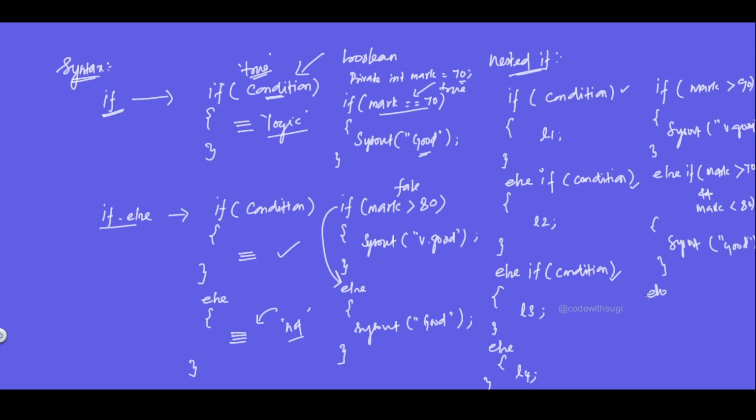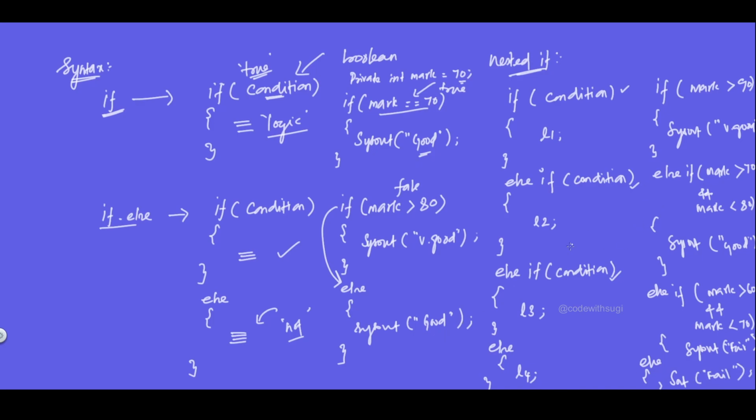Another condition we can write: else if the mark is greater than 60 and the mark less than 70, then we can say fair. Then finally else sysout we can say fail.